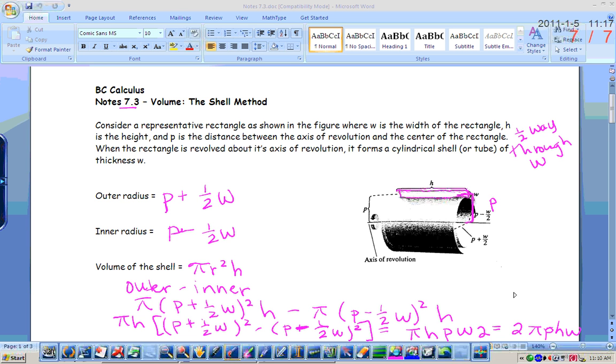What we're going to do is take 2 pi as a constant, and then integrate P times H with respect to either x or y, depending upon whether that thickness is an x or a y.